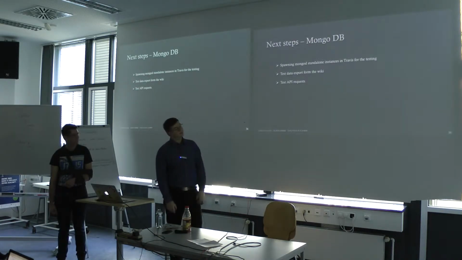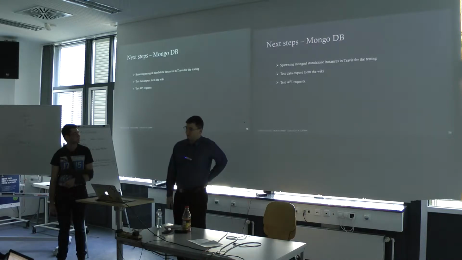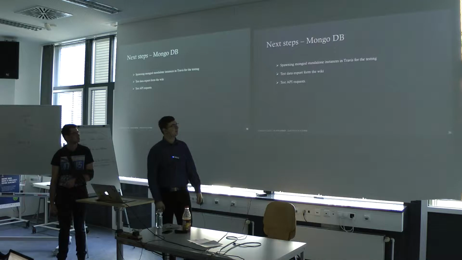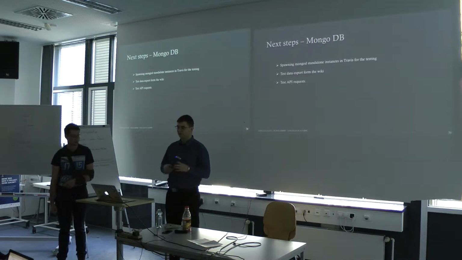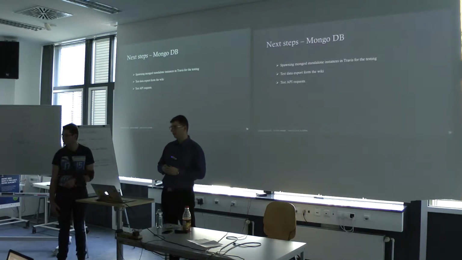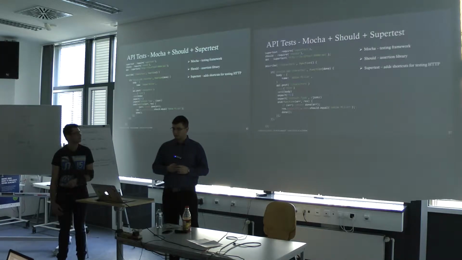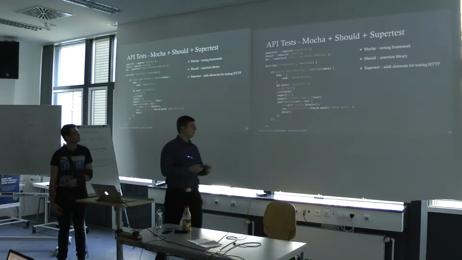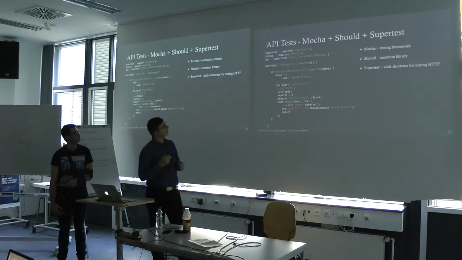Our next step is to set up a MongoDB instance on Travis. During the build, MongoDB will be created on Travis, and we can test the export from the wiki and API requests. This is for project A, right? Yeah. And for API tests, we use Mocha, Should, and Supertest.